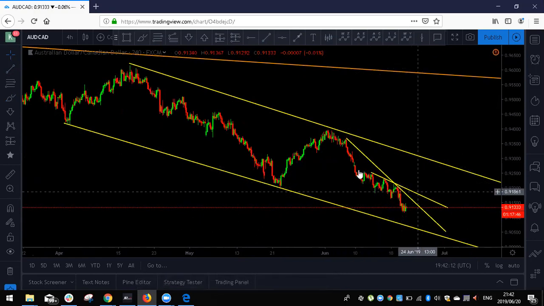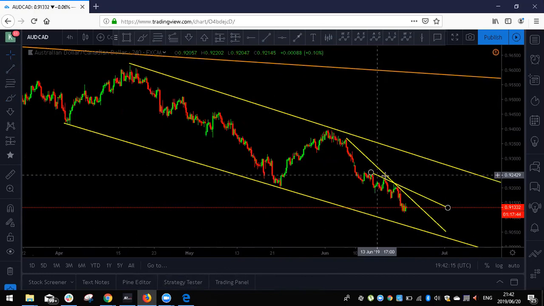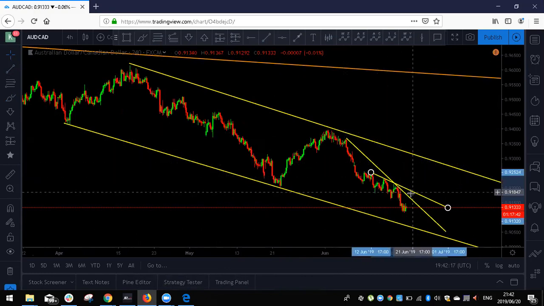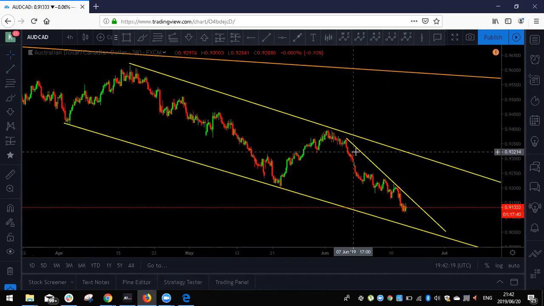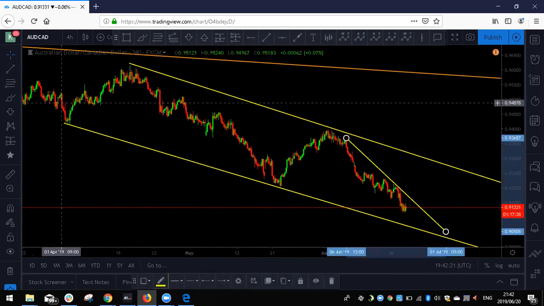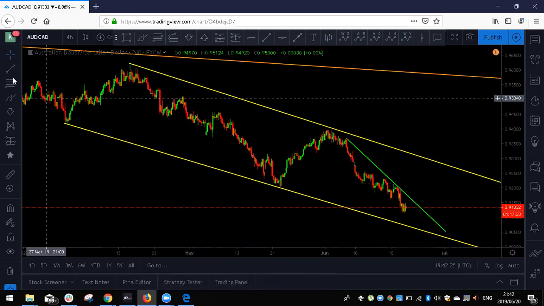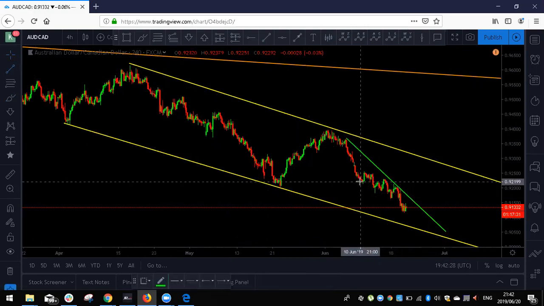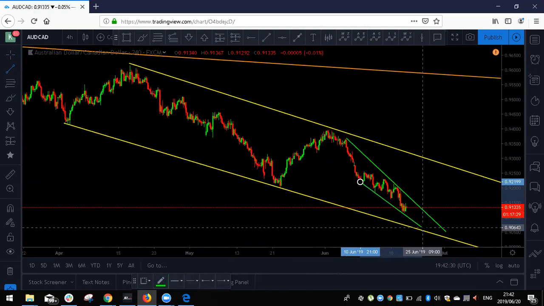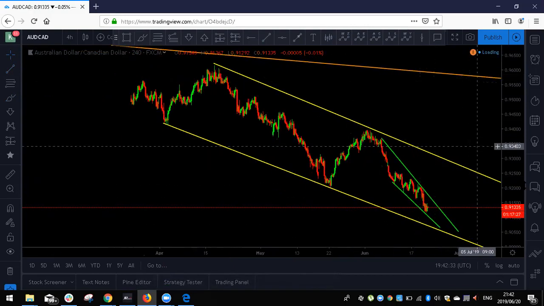But I think this one we would draw on the 1 hour. Okay, let me delete it for now. Let me change the color of this to green. Okay, so this is what we have right now.